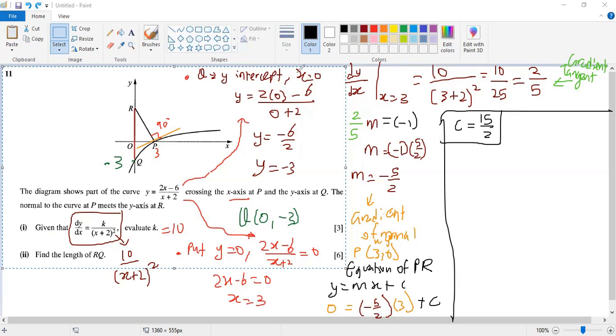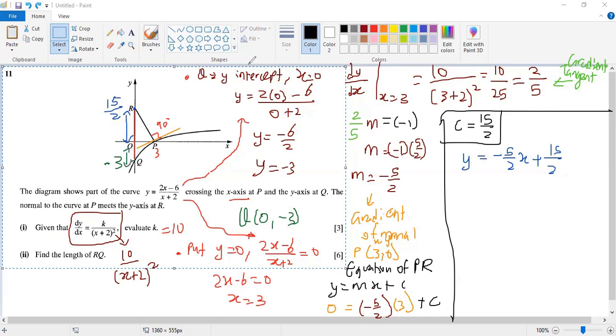So now that we have the equation, we can write it as y equals -5 over 2 x plus 15 over 2. 15 over 2 is the y-intercept, and we can mark it here at the top. This 15 over 2 is just a distance, and the -3 is just 3 downward.